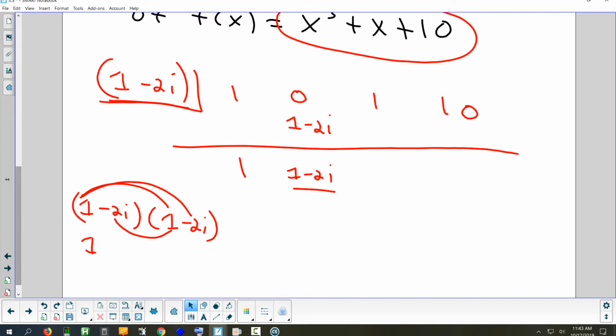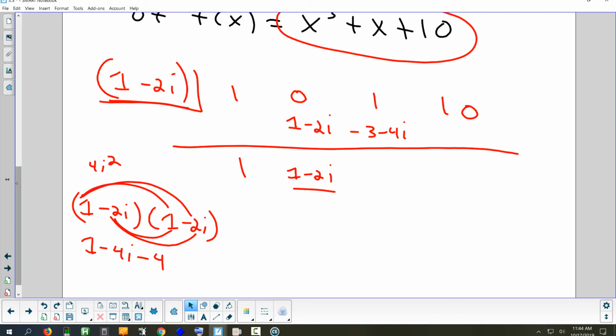Minus 2i, and then another minus 2i gives me minus 4i, and negative 2i times negative 2i. That's 4i squared. But what number is 4i squared? Negative 4. So now, put that answer right here, but combine like terms. What's 1 minus 4? Negative 3. Yep, negative 3 minus 4i.